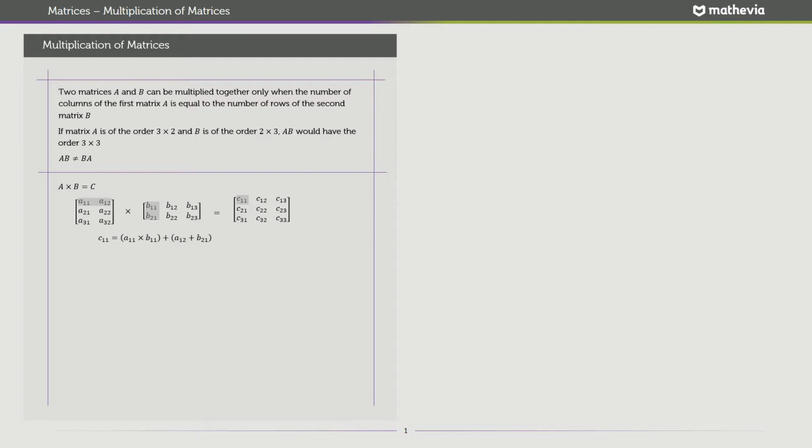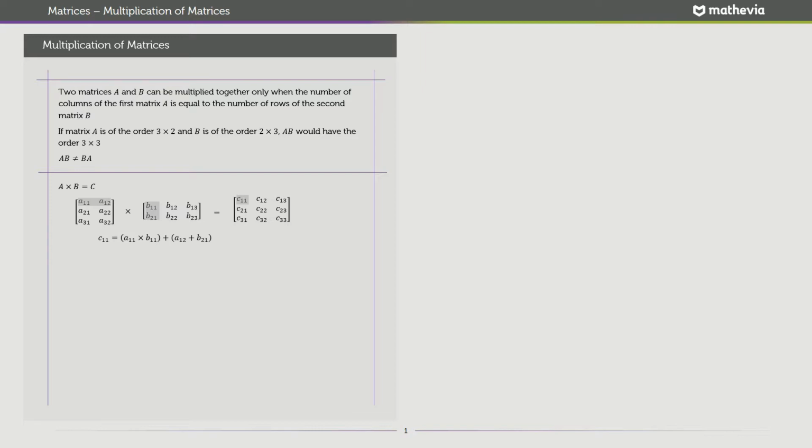What you really need to remember is that it depends on the position of the element in the result C. If you're looking for the element C32, you make use of the third row of A and the second column of B, and you would have A31 times B12 plus A32 times B22.